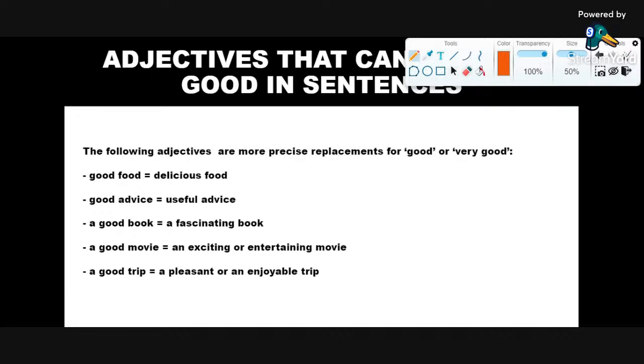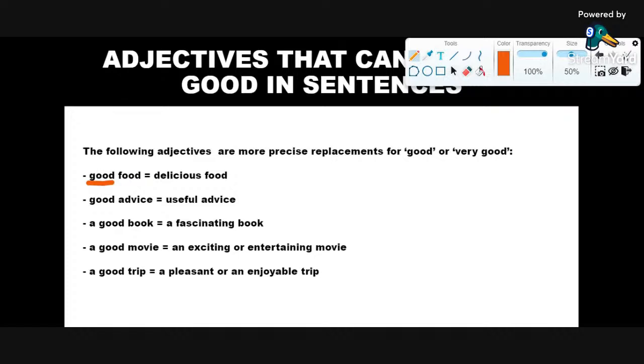For example, if you say good food, the question is, which aspect of the food are you trying to describe? Is it the quality of being safe, or is it the taste you are describing?